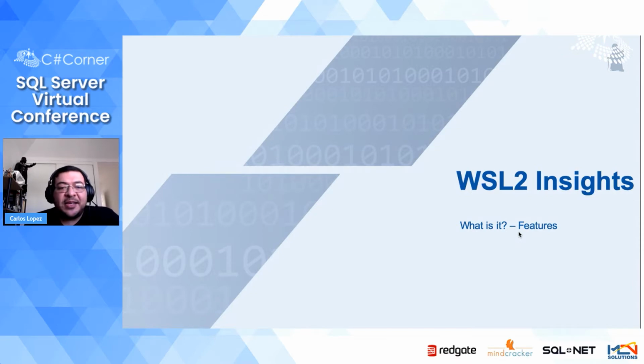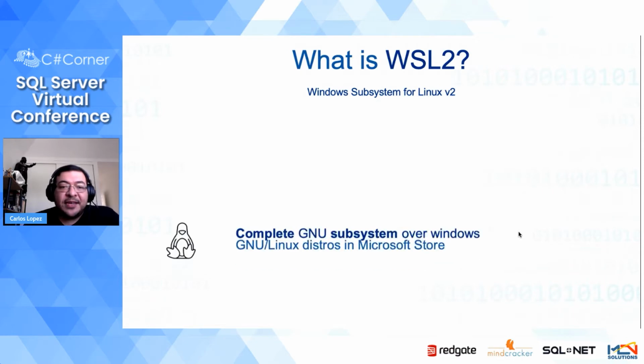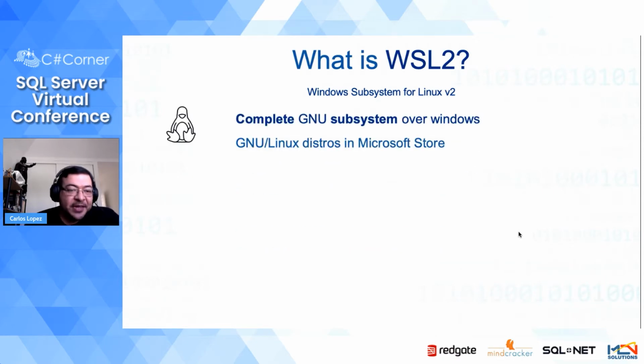These are the insights of what it is and the features. WSL2 is the Windows Subsystem for Linux. Currently, we are on version 2, so it's not that new, but it is improved. It's better. What it allows us is a complete new subsystem on our Windows, running any distro that is on the Microsoft Store.